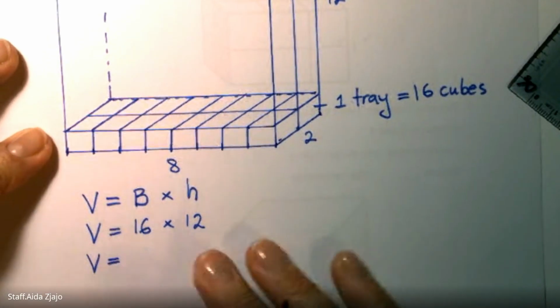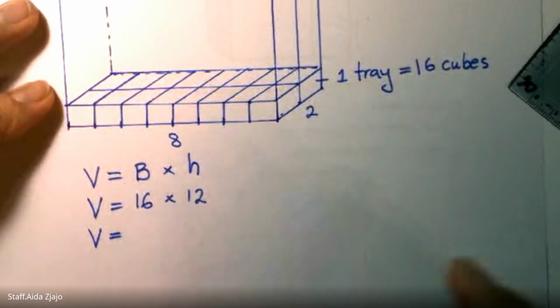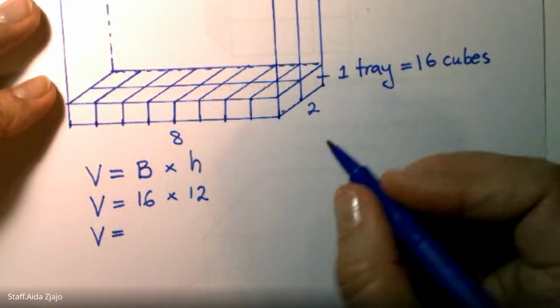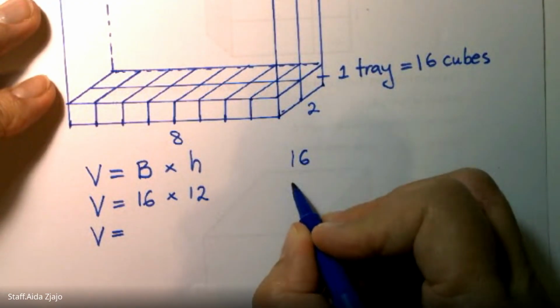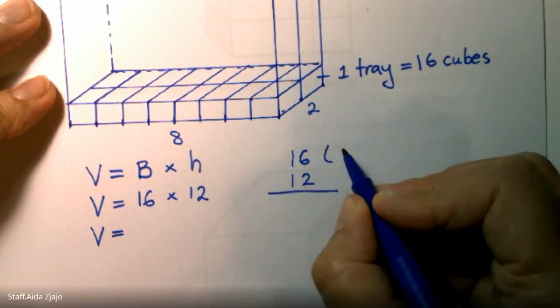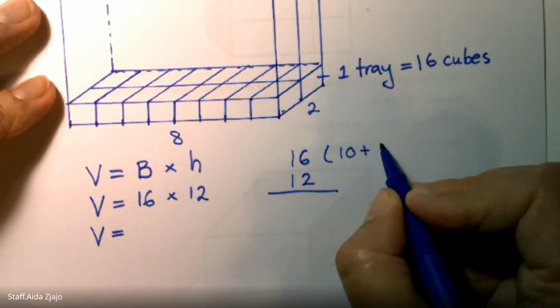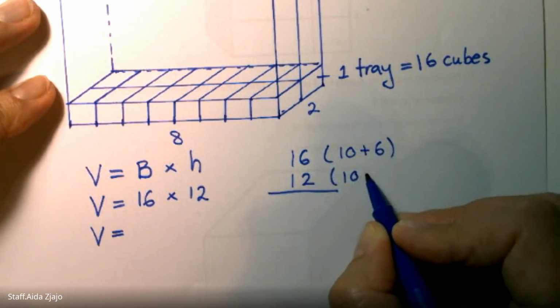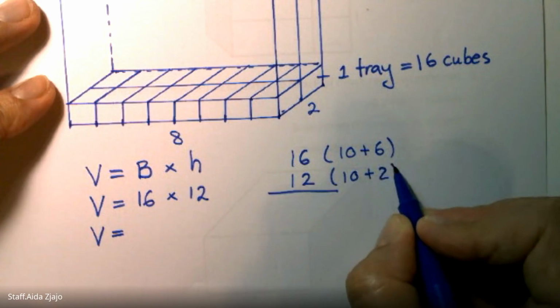If you don't know how to multiply 16 times 12, there are different ways. If you use partial products for 16 times 12, you can think this way: 16 is 10 plus 6, and 12 is 10 plus 2.